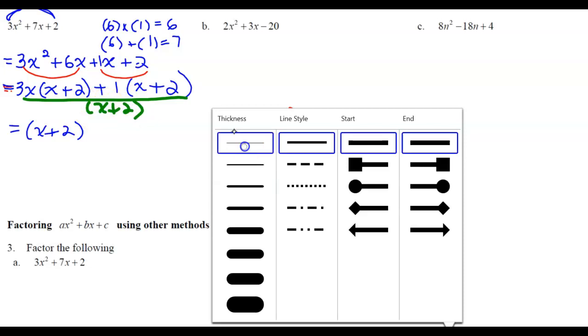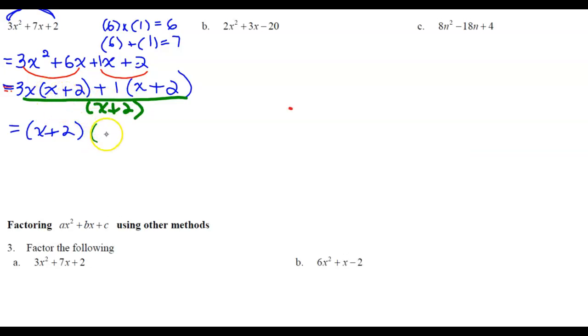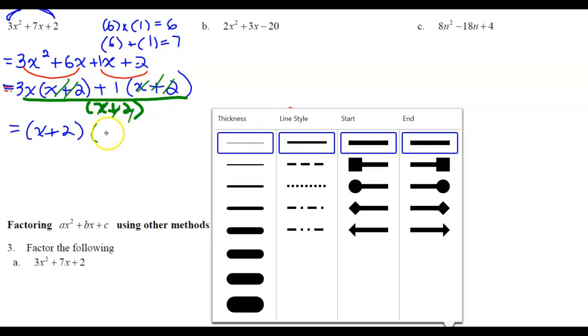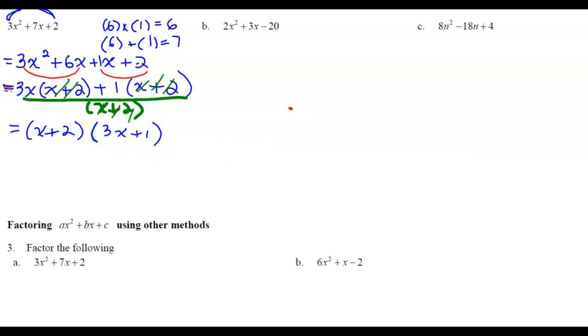What we're left with is the 3x, so these divide out, right? So you're left with 3x plus 1. Okay. How can you check your work other than redoing the whole factoring again?